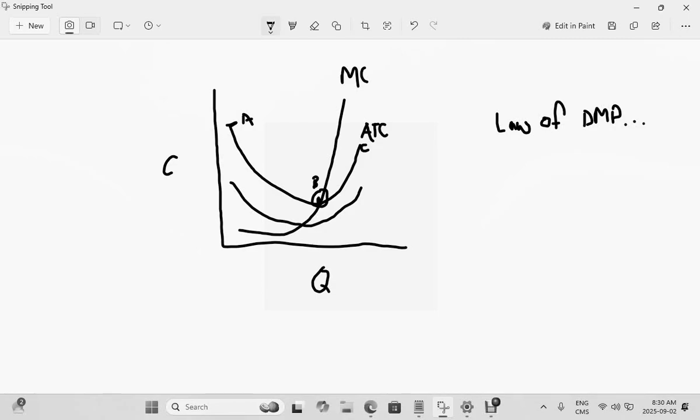This is where the average total cost is increasing, going up, which basically means that the cost of producing an additional unit is going up. Your average total cost is going up.